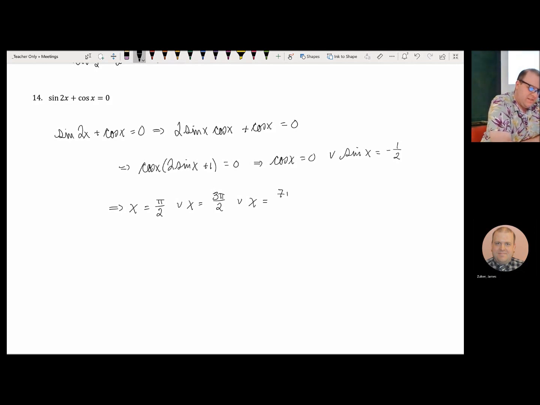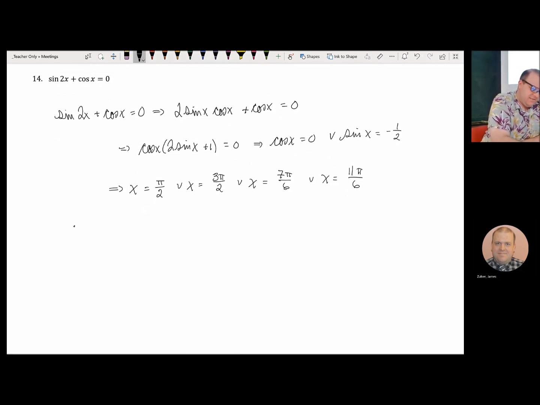Wait, where's the sine negative 1/2? Right. 7 pi over 6 or 11 pi over 6? All we did was use an identity.